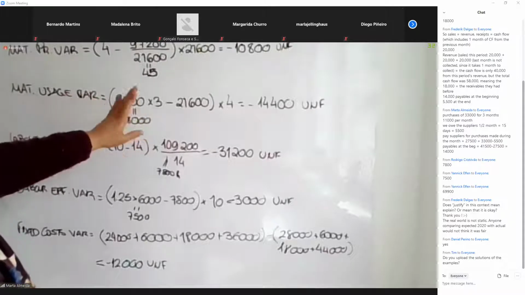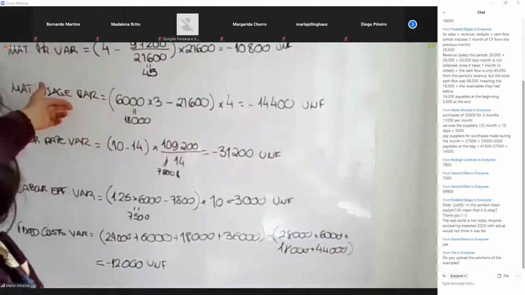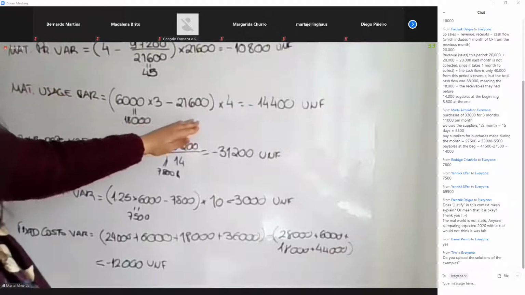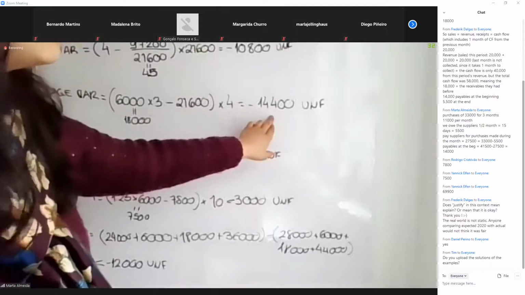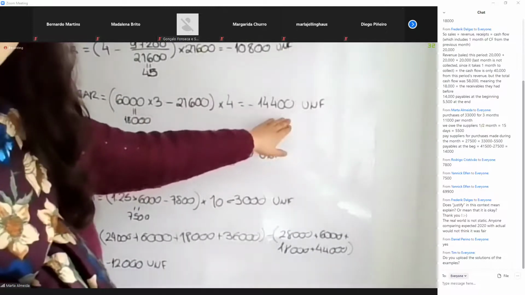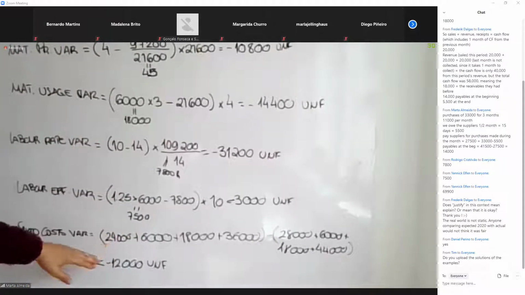And because the materials were of poor quality, we were less efficient in the usage of the materials. So we needed to use more quantities than what we expected. And that caused an impact on profit of £14,400. And we can explain this way all of the variances.